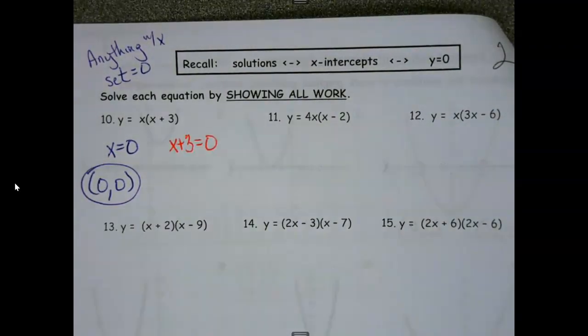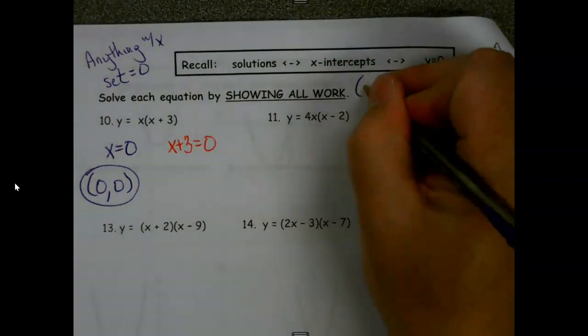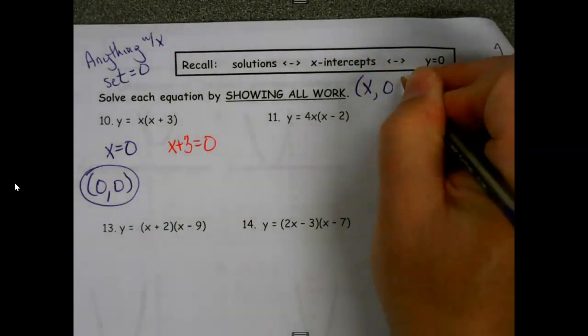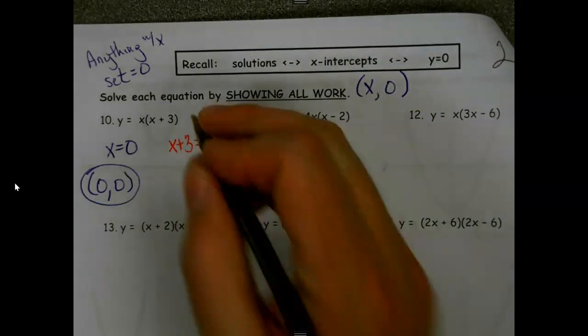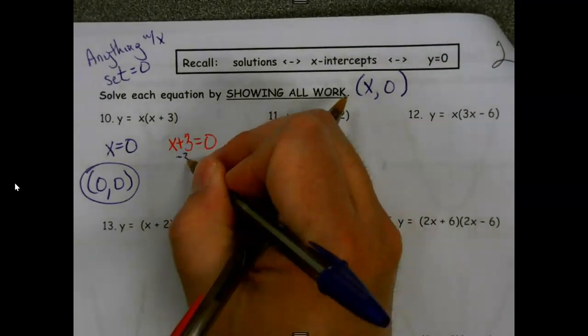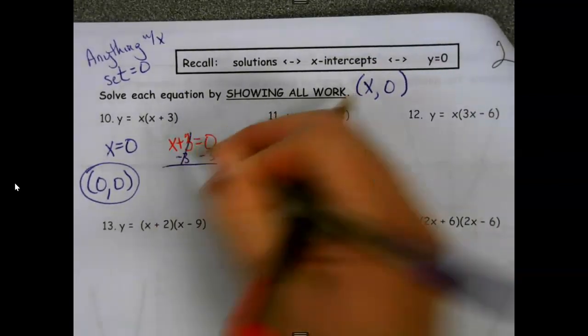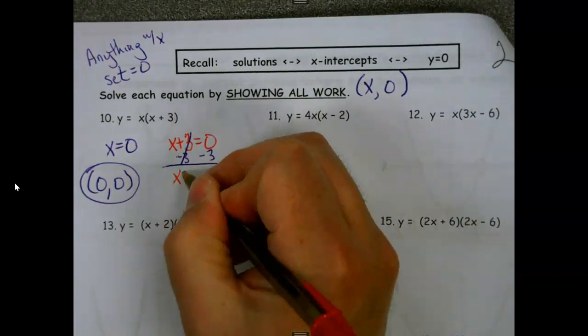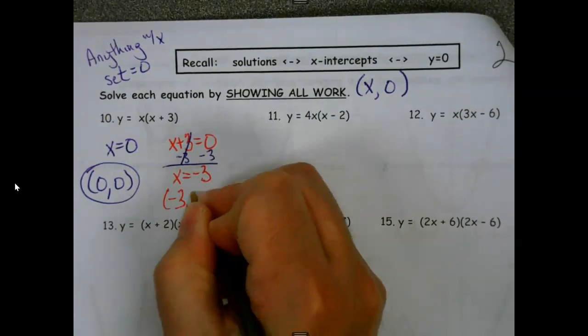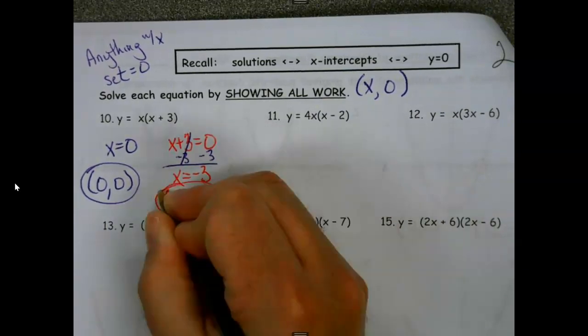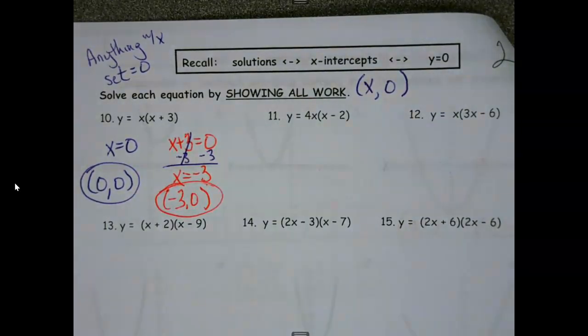So just make the coordinate, because again, it's always your x value and then 0, no matter what. And once we know what x is, we're good to go.